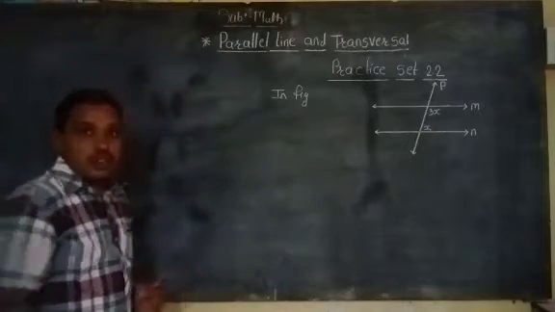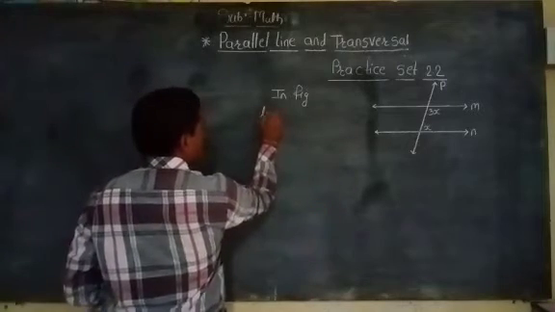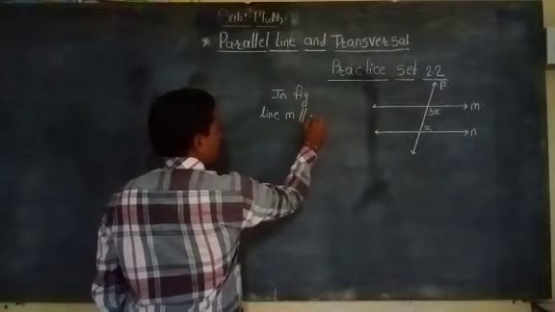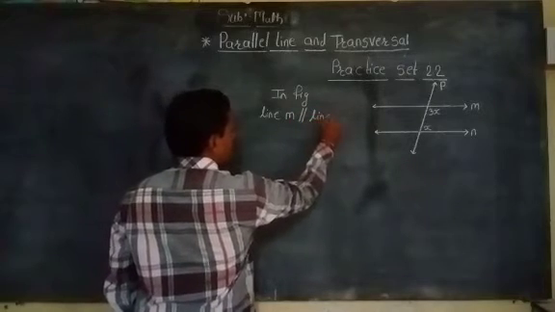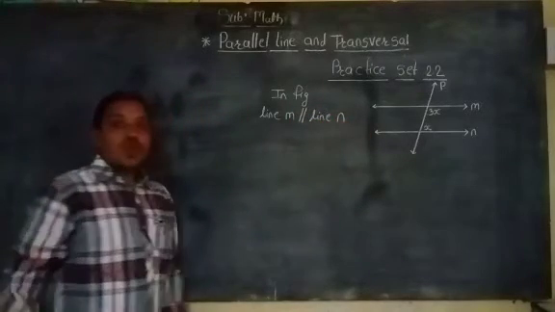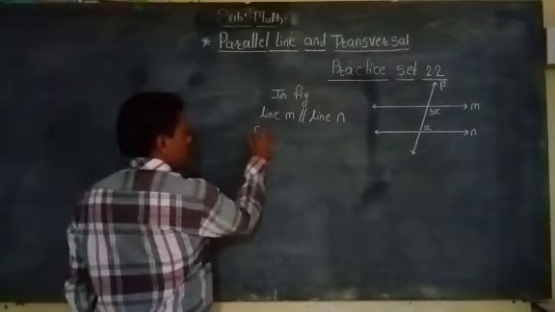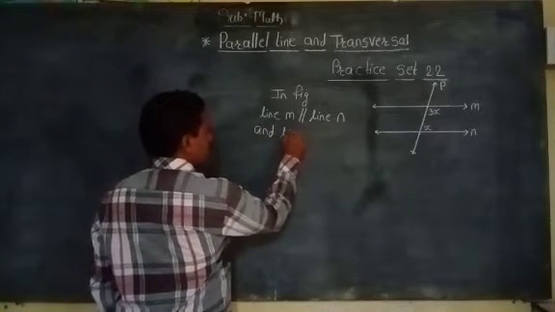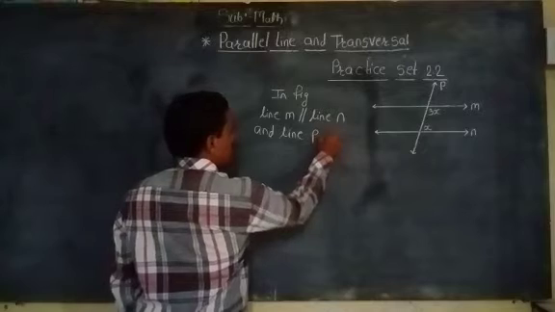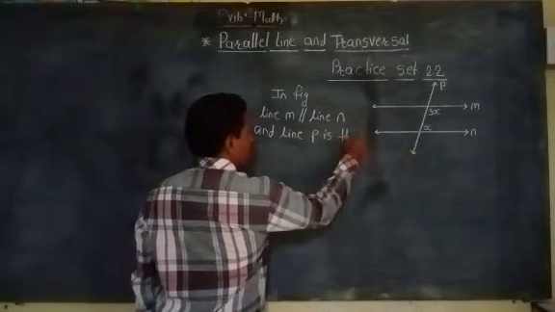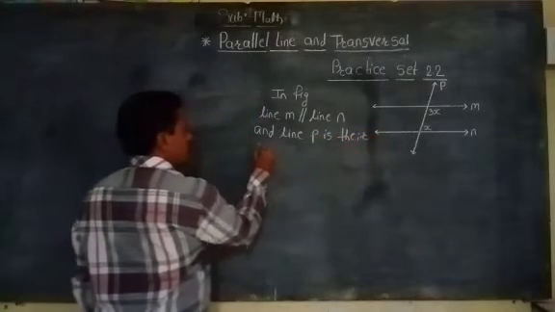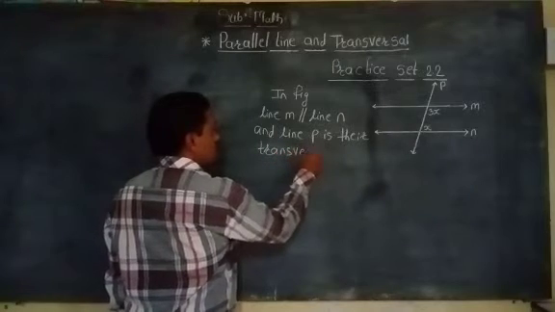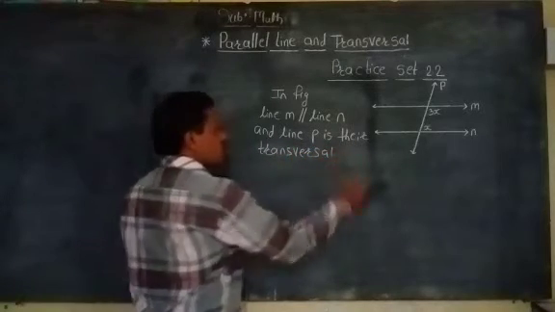In the figure, line M is parallel to line N and line P is their transversal.